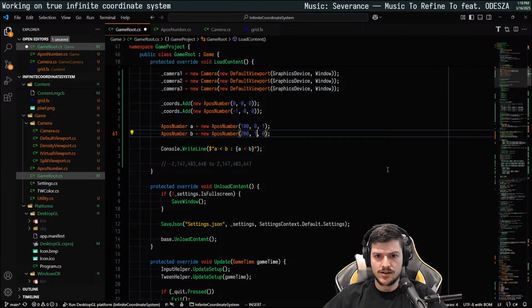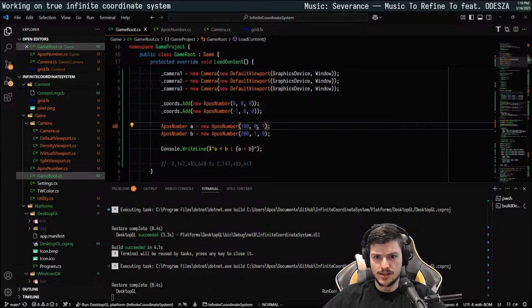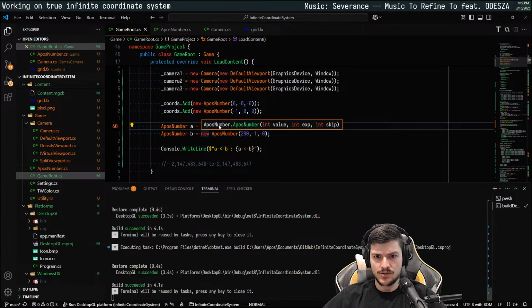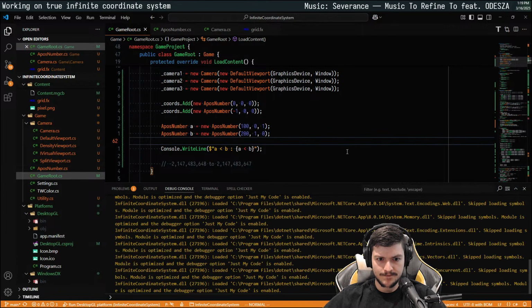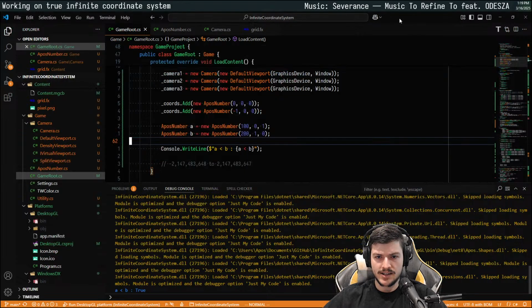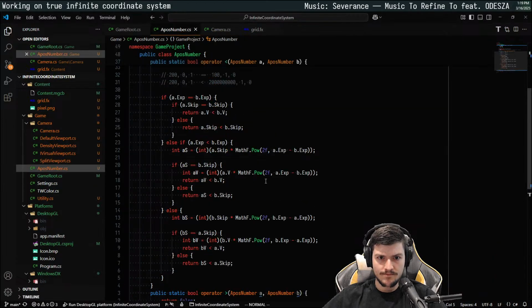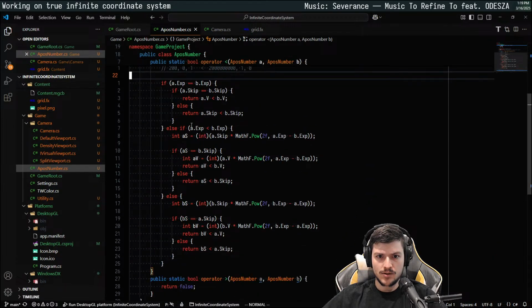If you're on the higher order, should still be smaller. This one is bigger. False. A is not smaller than B. So that's a bug. They are not equal. A is smaller, that's true.